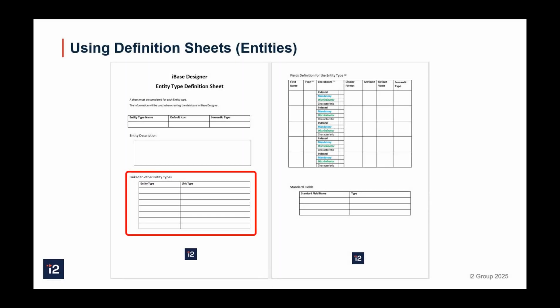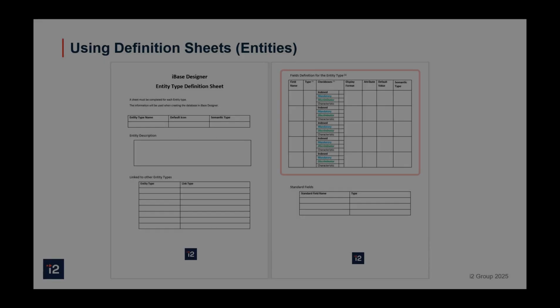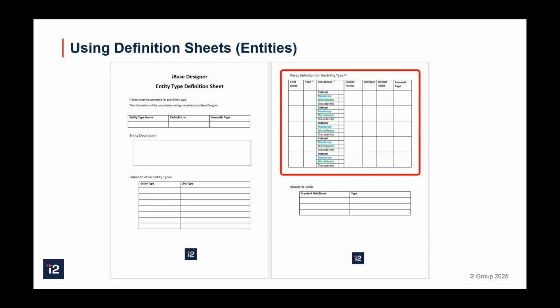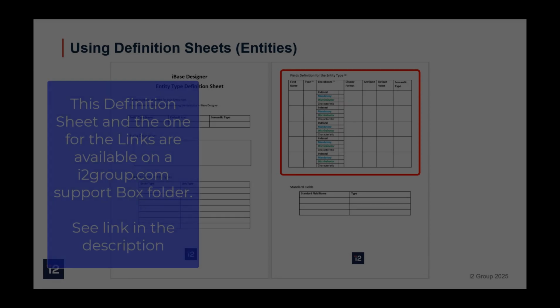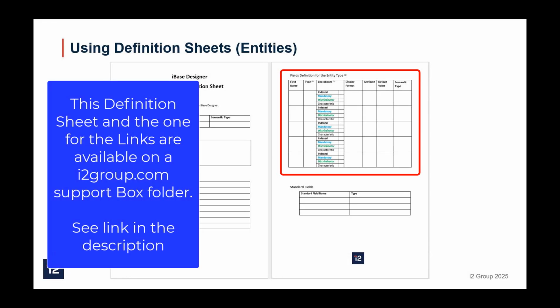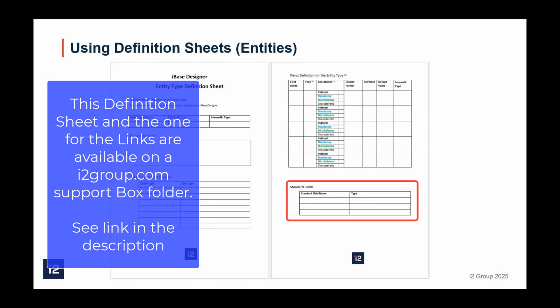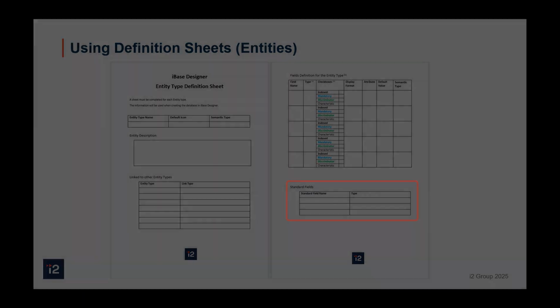Then you have a table which shows the links to other entity types, what entity type and what type of links. On the right, we have a table where you can input all the field definitions for the entity type. For each field, you have the field name, the type, the checkboxes for whether it's indexed, mandatory, discriminator, characteristic, and a display format, attribute, default value, and semantic type. And then you have the standard fields.